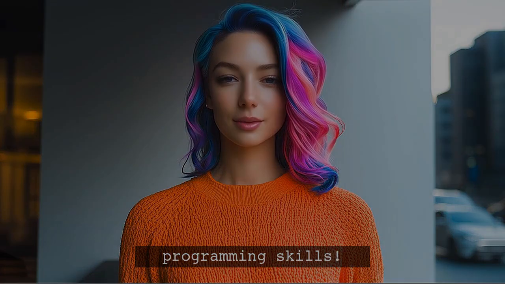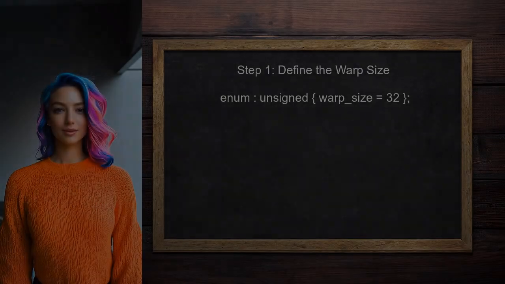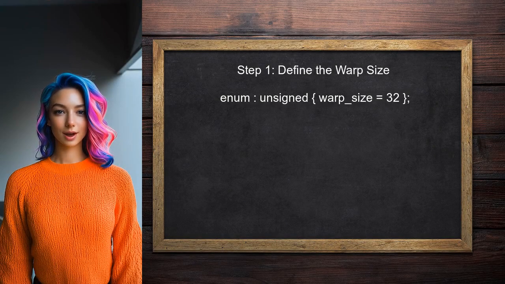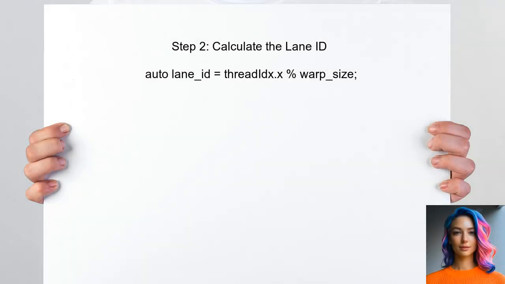To efficiently calculate the lane ID and warp ID in a one-dimensional grid, the user can start by defining the warp size. This is typically set to 32, as that is the number of threads in a warp. Next, the user can calculate the lane ID. This can be done by taking the thread index within the block and using the modulus operator with the warp size.